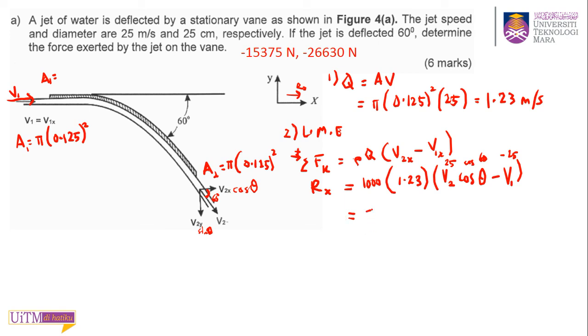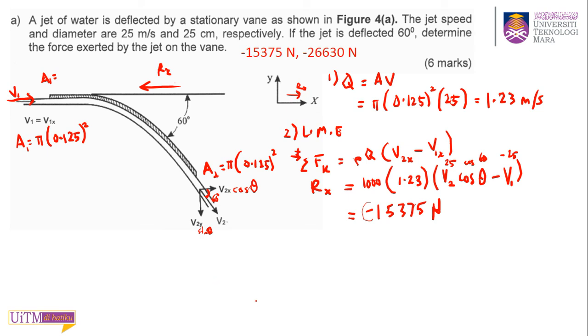Negatif 15,375 unit Newton. Okay, sorry, Newton. And okay, again this is negative. That means your Rx is something to the left, not in this direction, to the right.